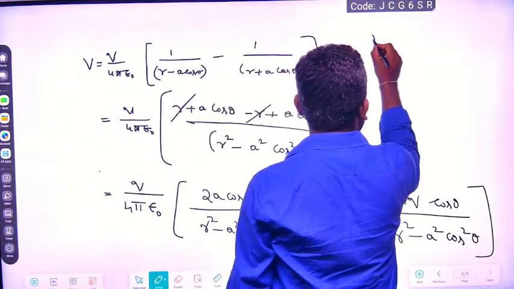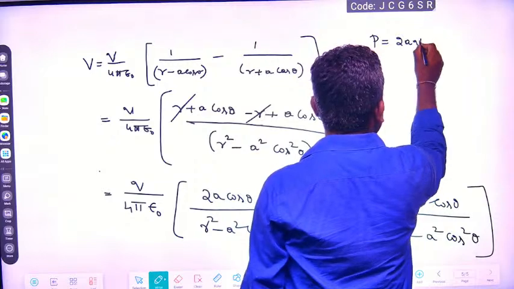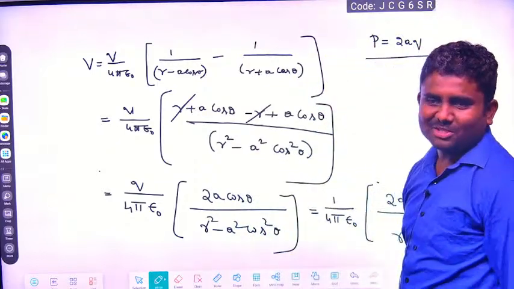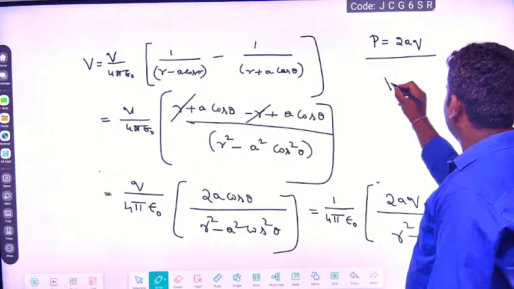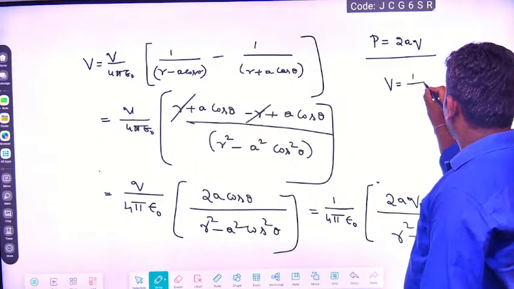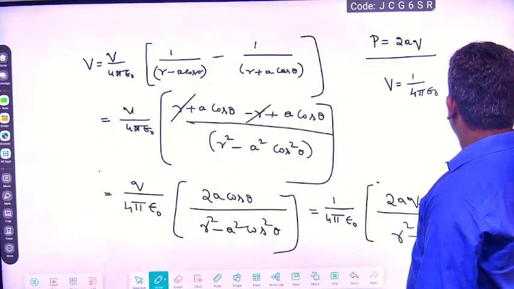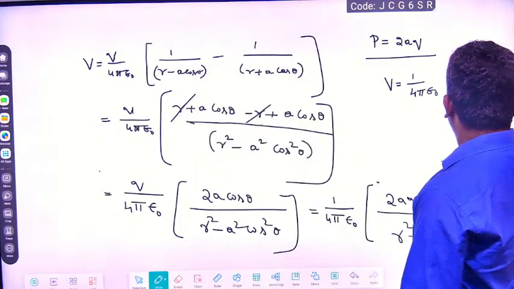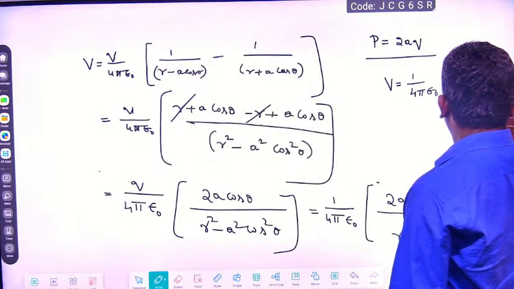Dipole moment. P is equal to 2AQ. That's why you just write V is equal to 1 by 4 pi epsilon naught P cos theta divided by R square minus A square cos square theta.